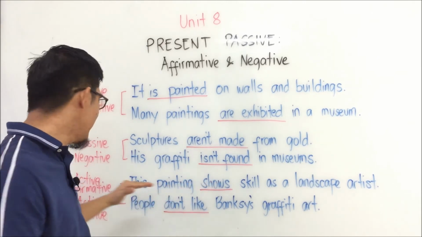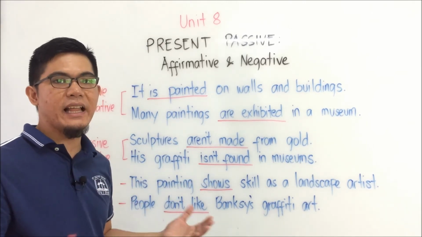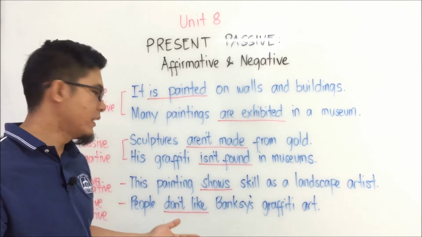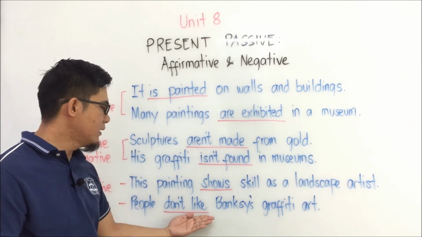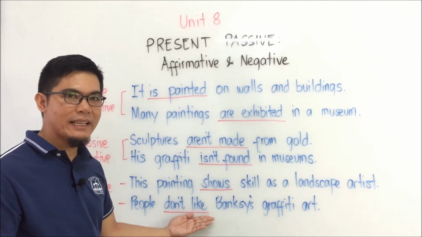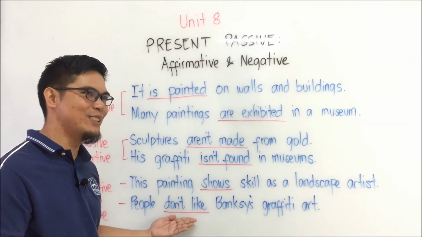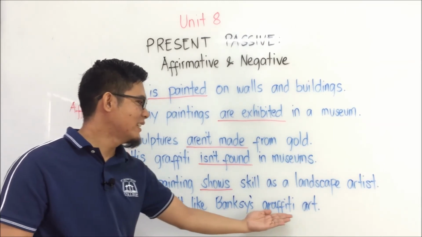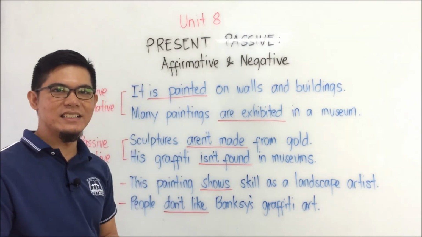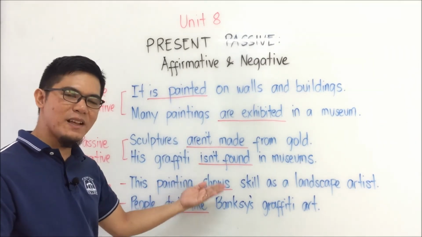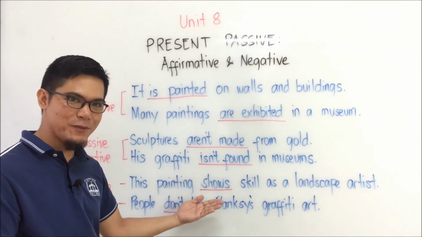So that is active affirmative. It's just like present simple. The same with this. People, what's the negative for like? We use don't like. Boxes, graffiti art. So, these are our examples of active.